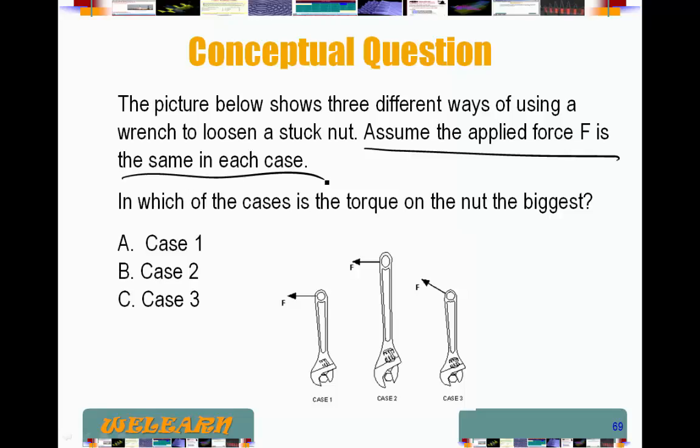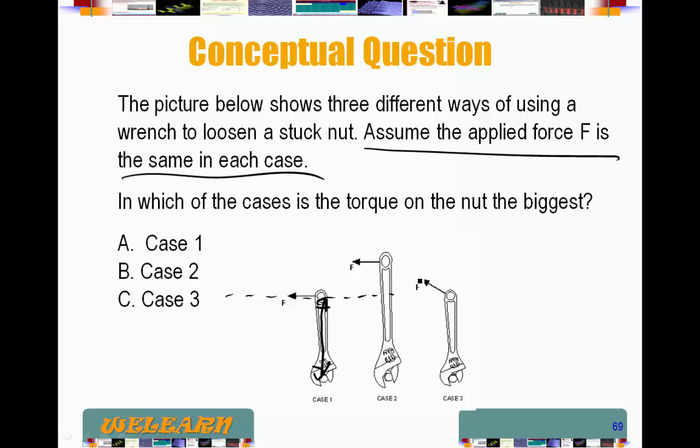Now, case 1 and case 3, we have the same size wrench. However, in case 1, this is my force, so this is the line of action of my force. That results in this being the lever arm.